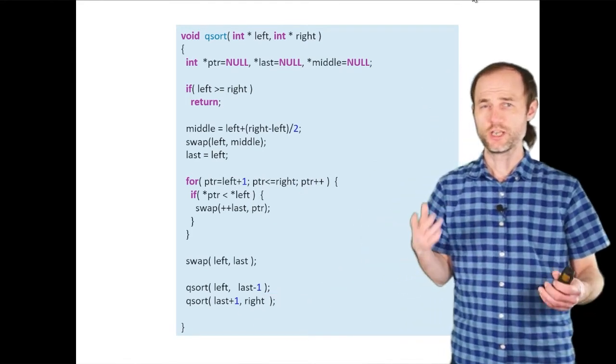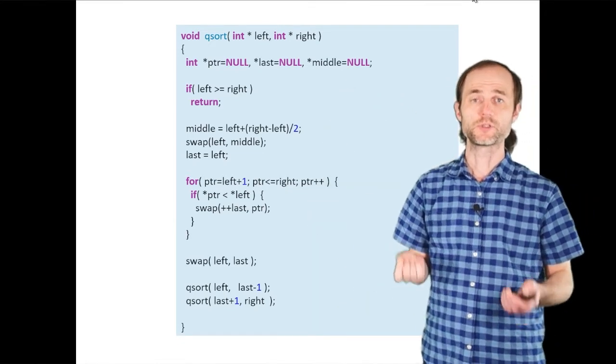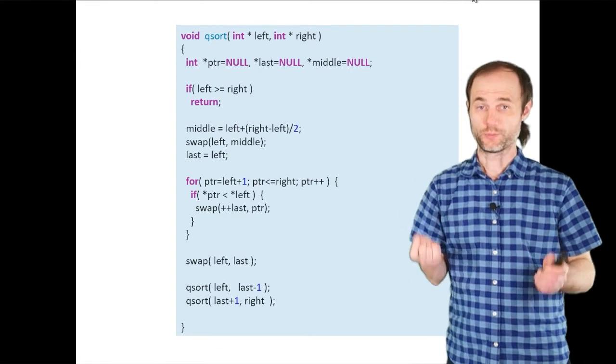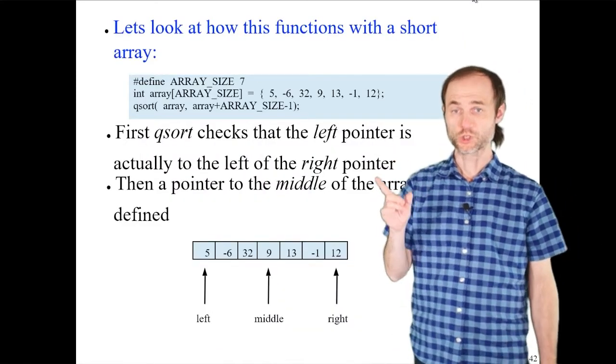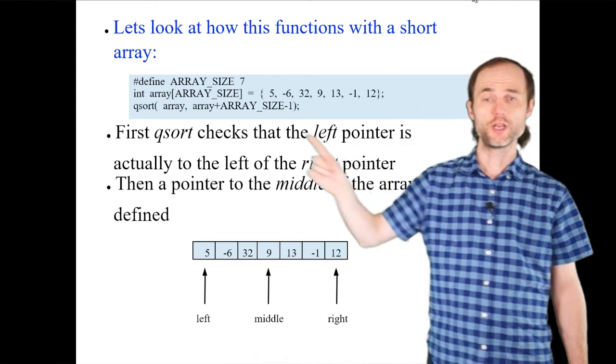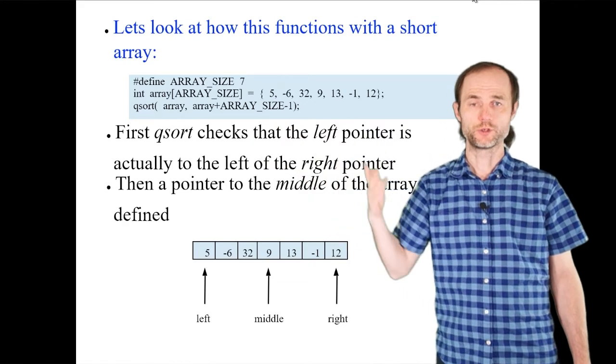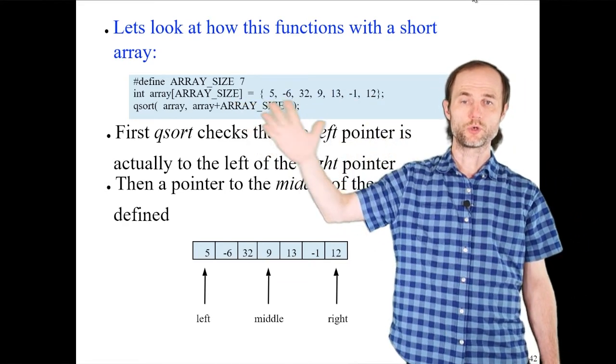So let's actually take a look at how this algorithm works in practice, because looking at specific examples is oftentimes extremely helpful. So let us give this QSort function a pretty short array. Array size is 7 elements, and here are the elements, which are in arbitrary order. Clearly the array is not sorted.